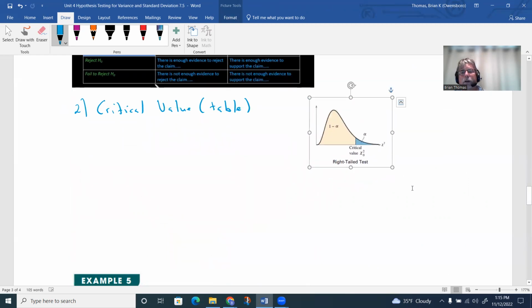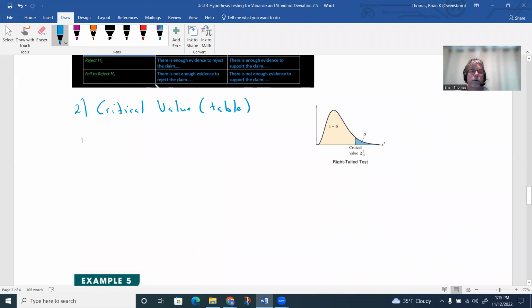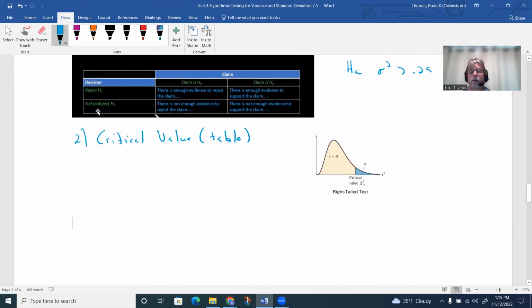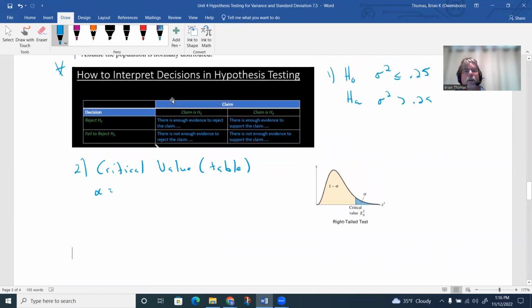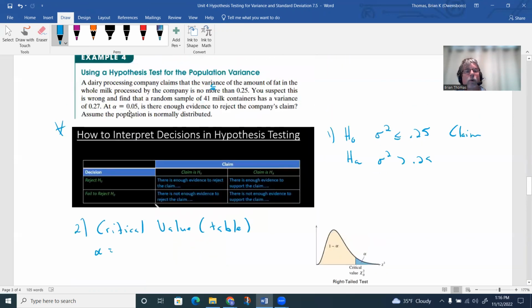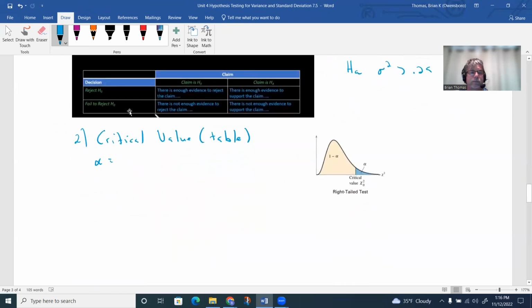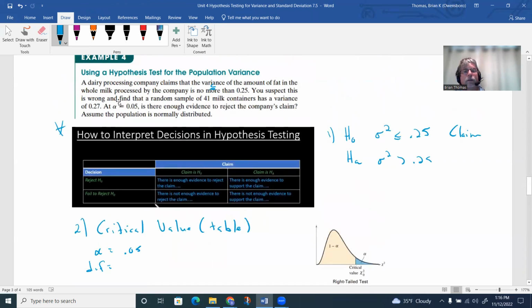So the critical value from our table, since it's right-tailed, we just need to know what alpha is. Alpha is that level of significance, and that was given as 0.05 in our information. And we need to know the degrees of freedom. Remember, that's the sample size minus 1.